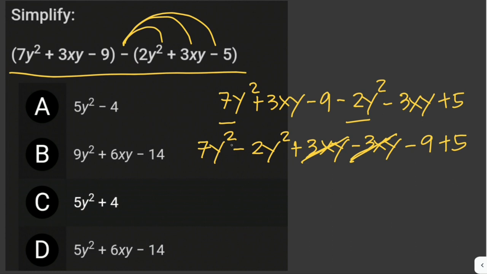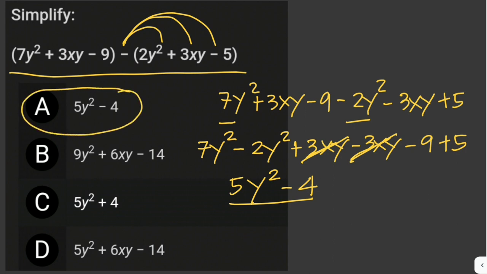And 7y squared minus 2y squared is 5y squared. And then negative 9 plus 5 is just negative 4. So we have 5y squared minus 4. That is our answer. So the answer is letter A.